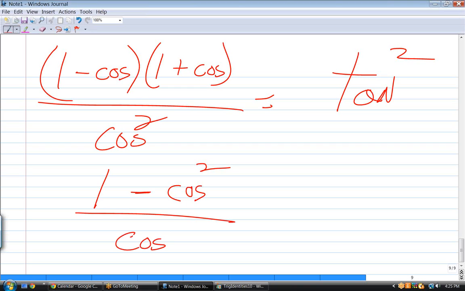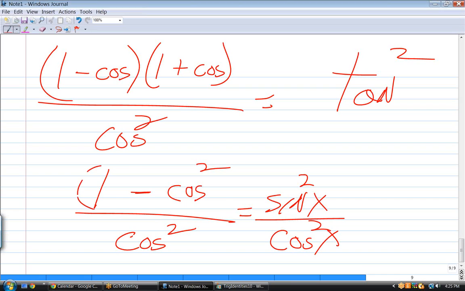So what is 1 minus cosine squared equal to? Isn't it just sine squared? Yeah, that's what I was saying. Look for 1 minus cosine squared or look for 1 minus sine squared. In other words, whenever you can take two terms and turn it into one term, that's almost always the way to go.